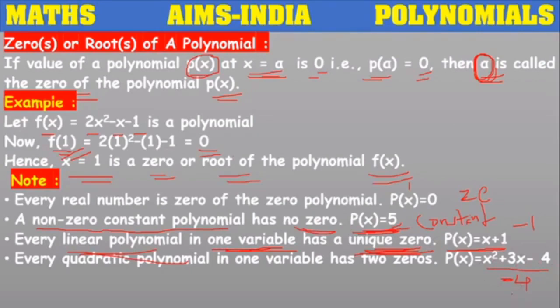So for the value of minus 4, this quadratic polynomial will become 0. So minus 4 is one solution for this quadratic polynomial. Or if we take 1, at that time also 1 square plus 3, minus 4, plus 3 and minus 3 cancel each other, then also it will become 0. So if we take 1 also, this quadratic polynomial will become 0. So for this quadratic polynomial, there exist two zeros.